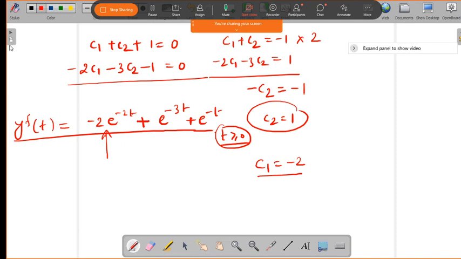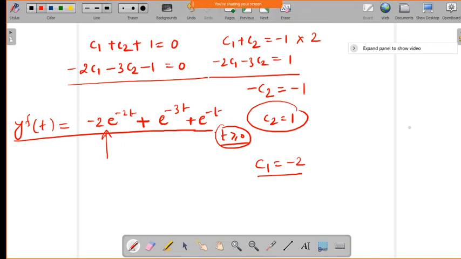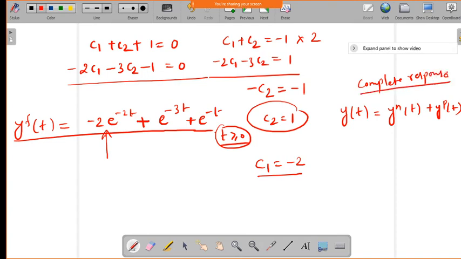Okay. So, now the complete response, y of t, is nothing but the natural response plus the particular integral. So, in the forced response what we did, we considered the same natural response plus particular integral, but we assumed the initial conditions are 0. But in the complete response we need to take into consideration both initial conditions and input, and we have to find the complete response.